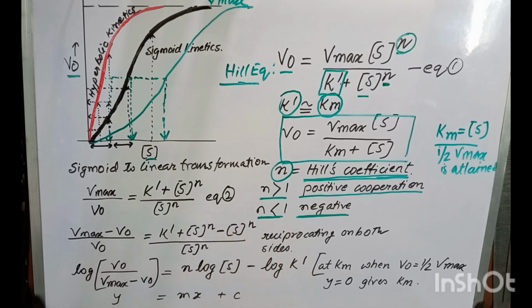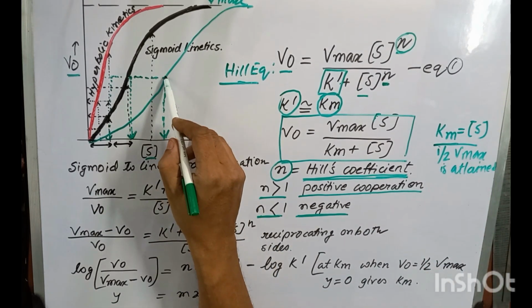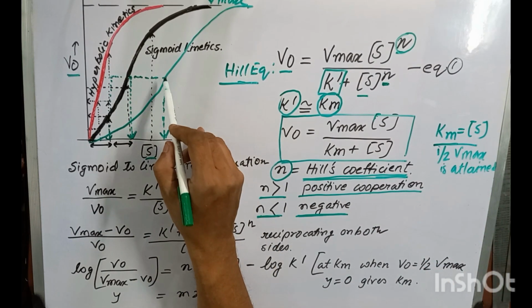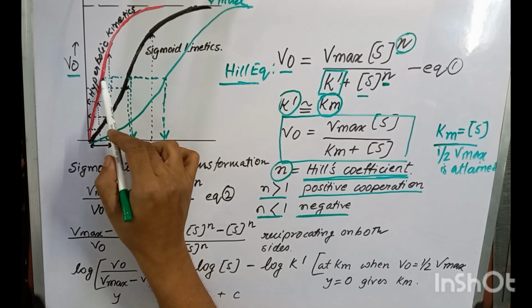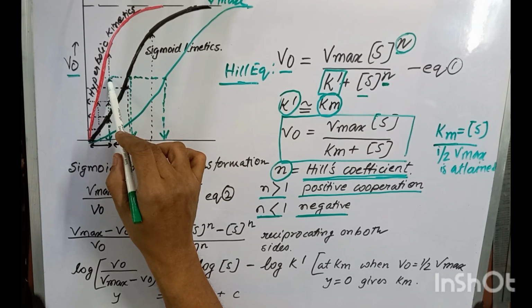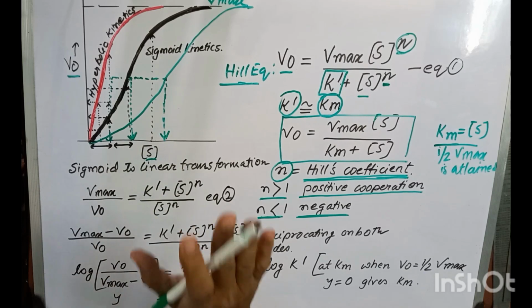When the Km value decreases, to reach half of maximum velocity, you need lower substrate concentration. That means the affinity has increased.